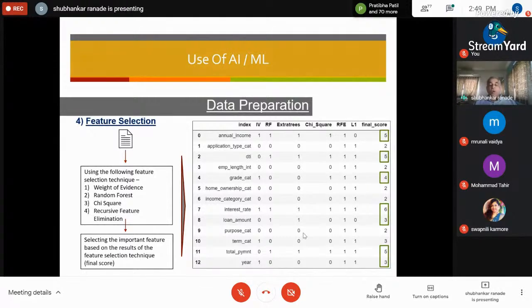And all these 7 algorithms told us that out of probably about 100 attributes of a loan, and when I say attribute, it means what I referred to earlier: annual income, application type, the loan amount, the salary of the individual, rate of interest, caste, creed, age, color, area, locality, whatever.